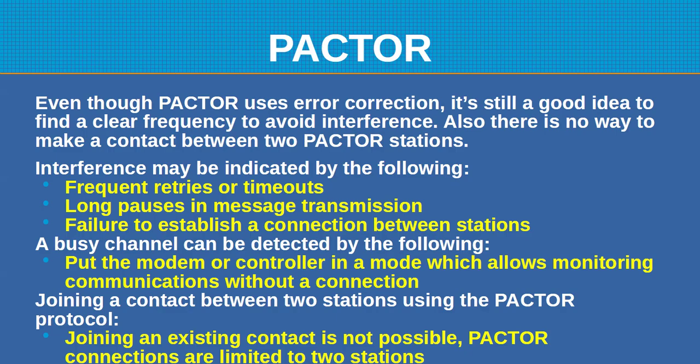You can't break in or essentially listen to that transmission. We talked about if you have an interference problem, that's where the ARQ type protocol comes in, where you do a retransmission. And after so many retries, it just breaks the connection and gives up.